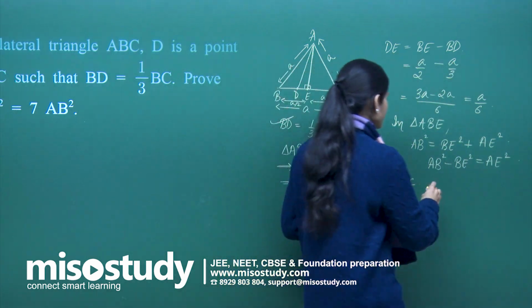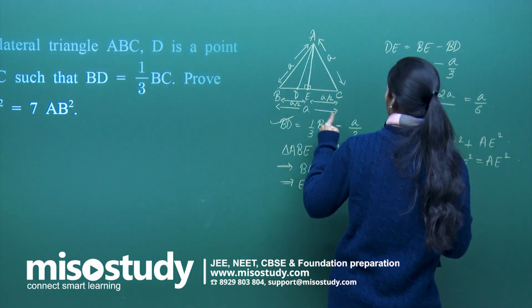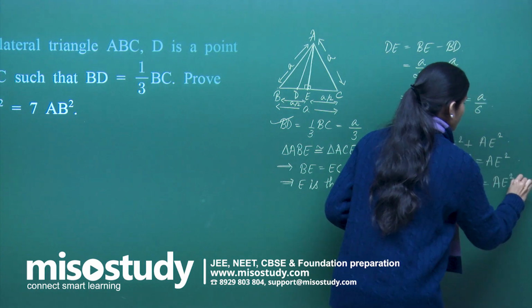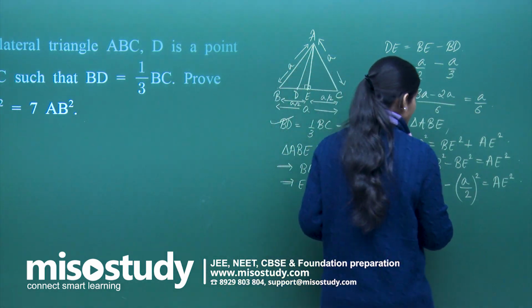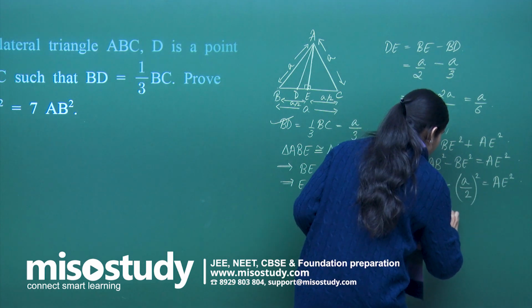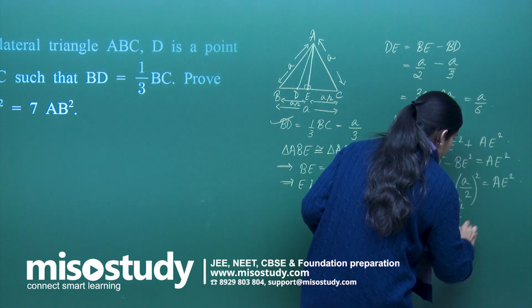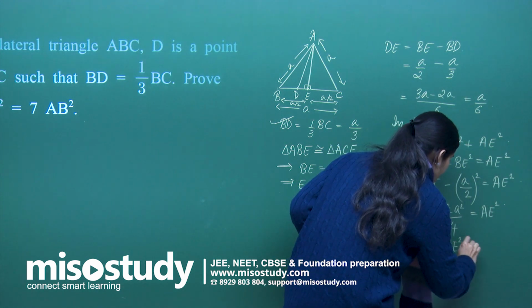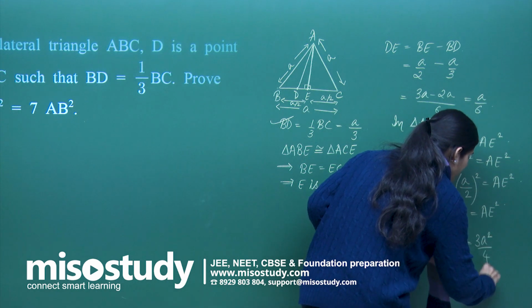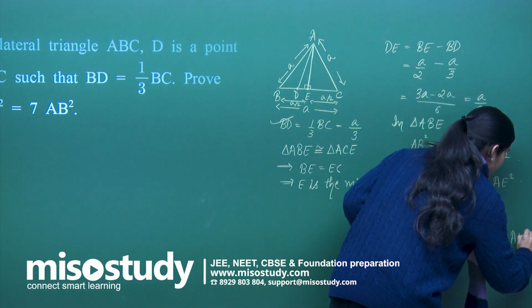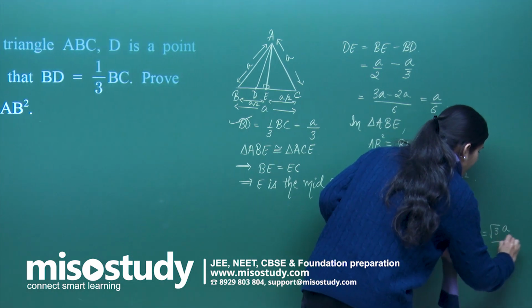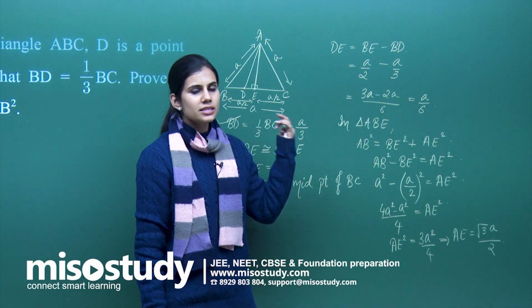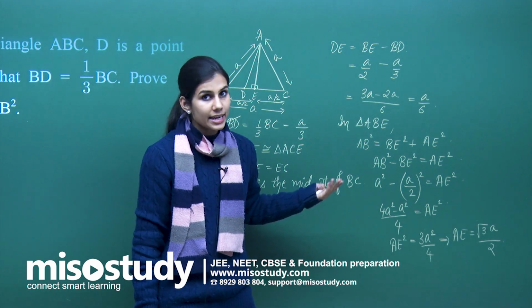AB square is a square, BE square is (a by 2) square. So this gives you a square minus a square by 4, which is (4a square minus a square) by 4, giving AE square equal to 3a square by 4, which implies AE is root 3 a by 2. There is no question of taking plus minus, it obviously will be plus because we are talking about the side length, it can never be negative.